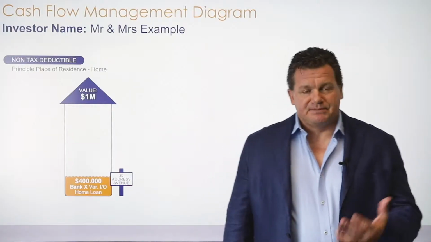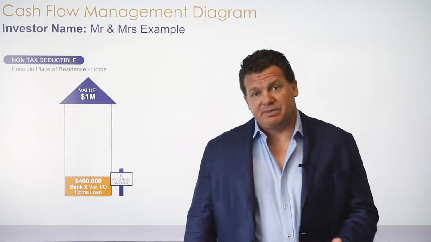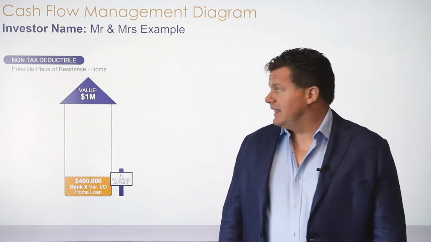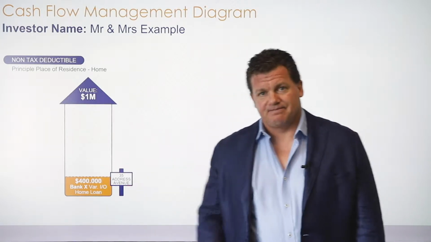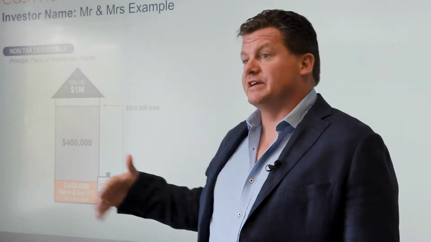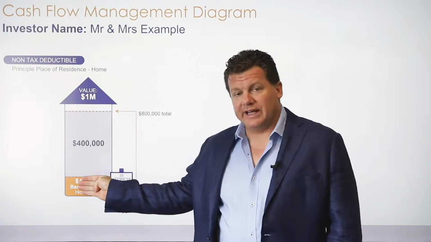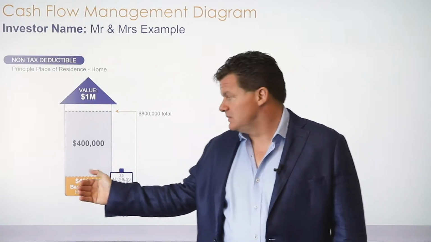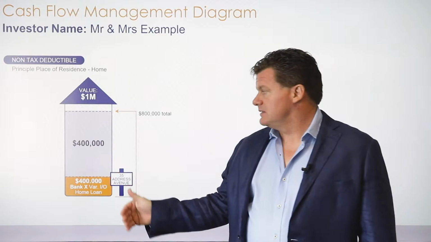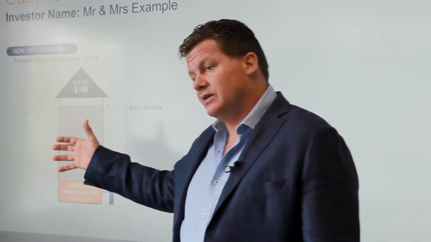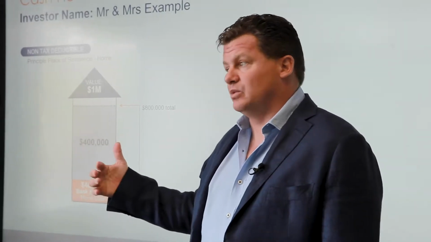So let's imagine somebody does have a property that's just been recently revalued by a lender at $1 million. We've now increased the lending up to $800,000, but we already had a $400,000 loan. So what that means is the extra 400 is now the equity that's available.